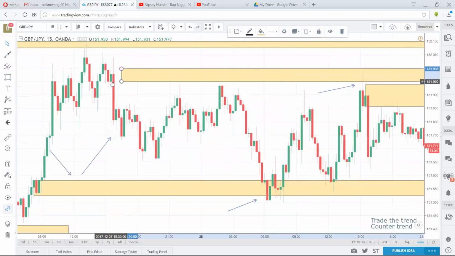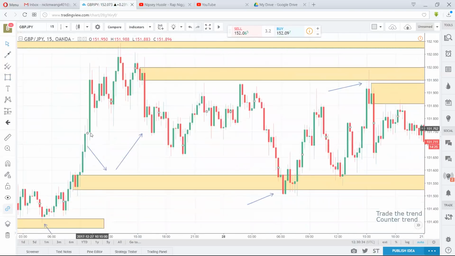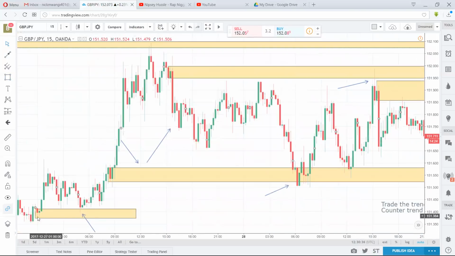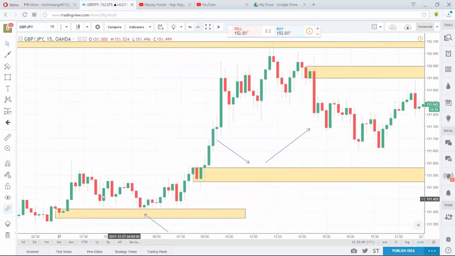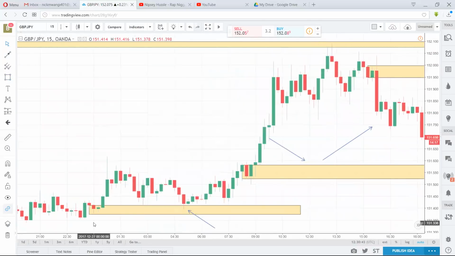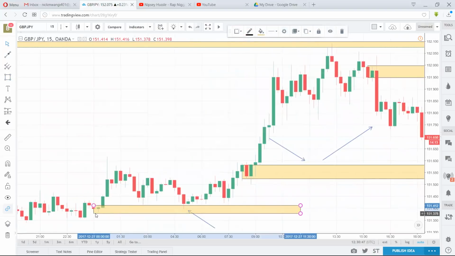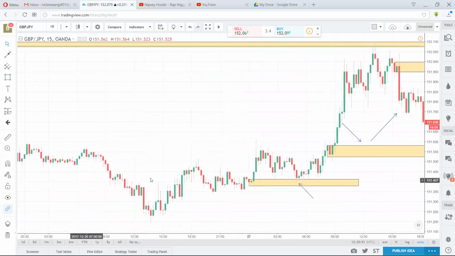We used the open to the topmost wick. And for this other one, this is a good example, we used the candle to the lowest wick. Okay, so that's basically how you draw the zones.